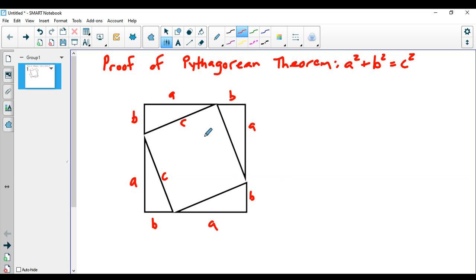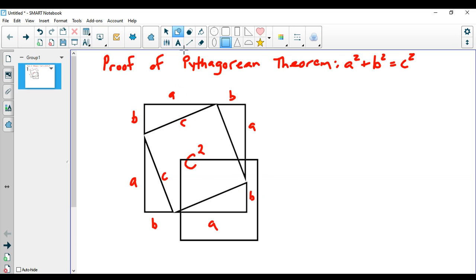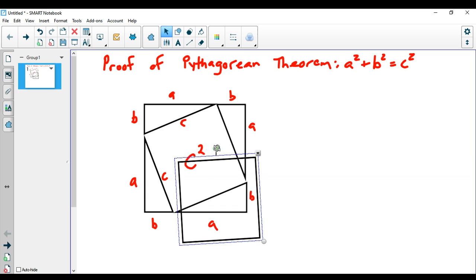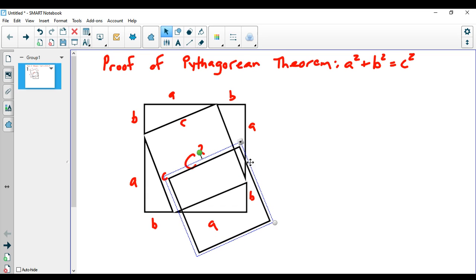And now I want us to take note of the area of the square. The area of the square is just side length times side length, right? If we had a 4 by 4 square, the area would be 4 times 4, which is 16. In this case, it's C times C, which is C squared. I might just make a rough square so that we can remember this.